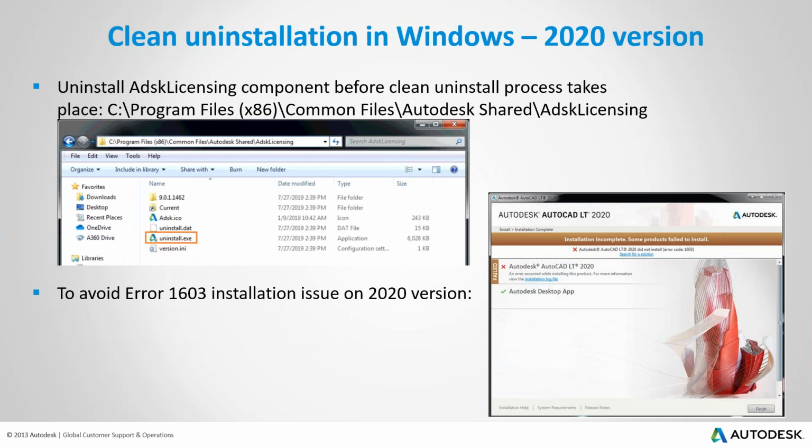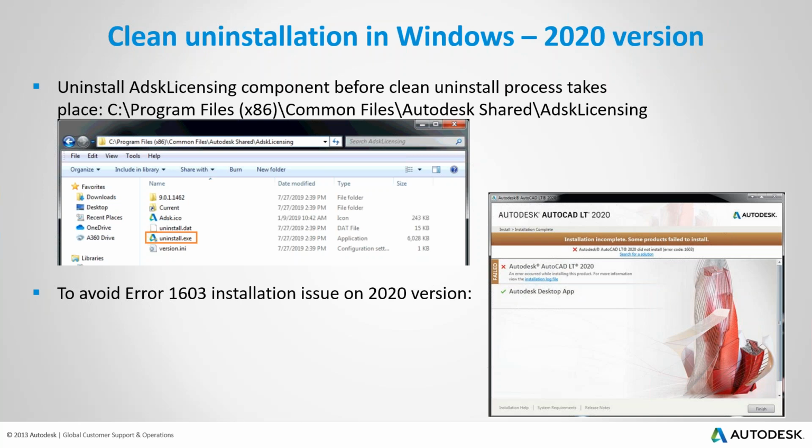All right, before we move into the clean uninstallation steps, please take note for 2020 product versions, there is one additional step that needs to be taken first before we follow the uninstallation process. So the step will be uninstalling the Autodesk licensing component in the path provided here.